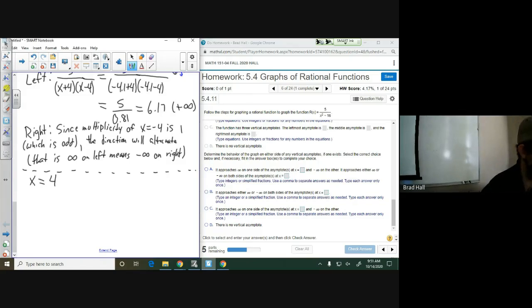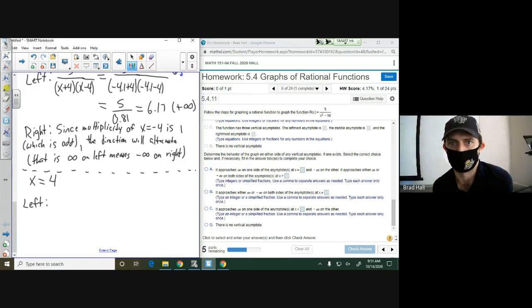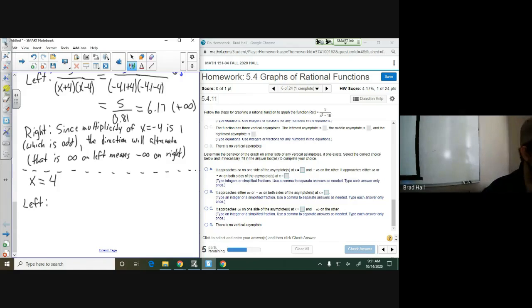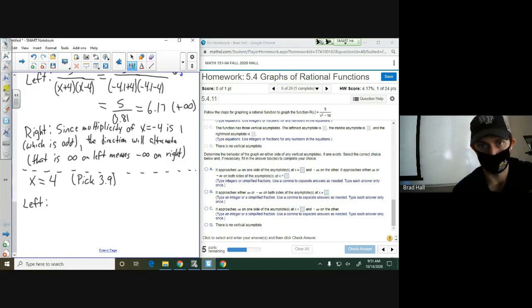And for the left, we're going to pick a number that's close to 4 on the left. So I'm going to pick 3.9, just a number that's close to 4 and on the left of 4.